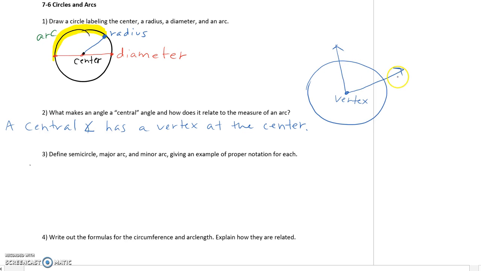When we talk about an angle, we could get out a protractor and measure it. So I could, for instance, measure this theoretically and say that that is 80 degrees. I don't know if it's really 80 degrees, close enough. When I talk about how it relates in measure to the arc, if I asked you for the measure of this arc, you would also say that it is 80 degrees.